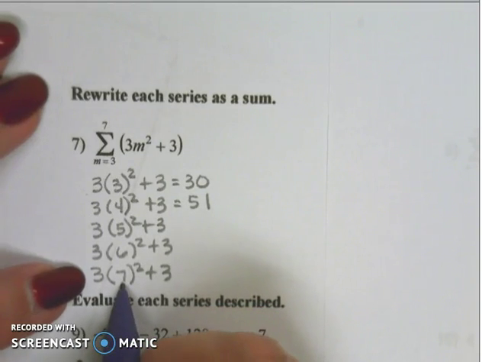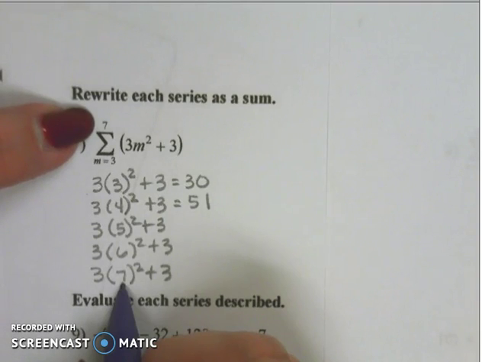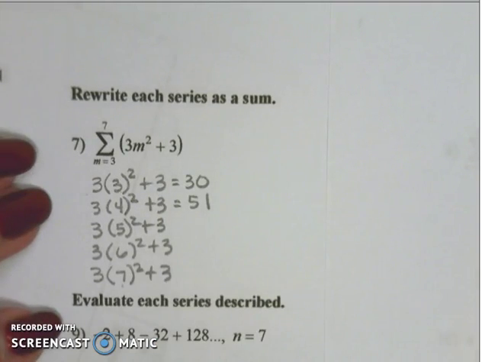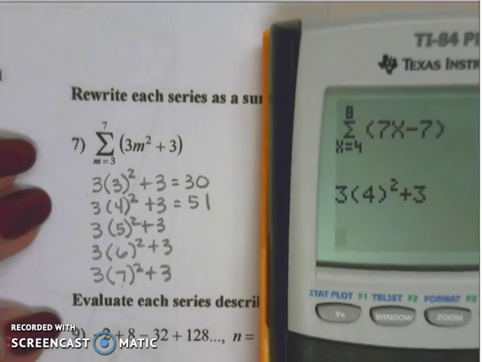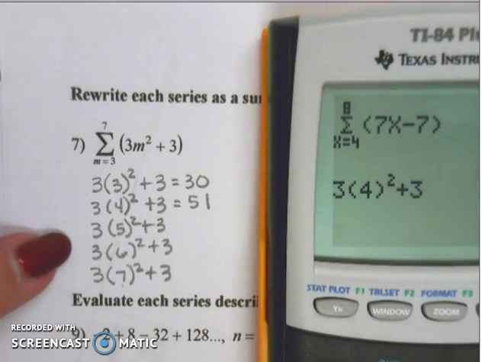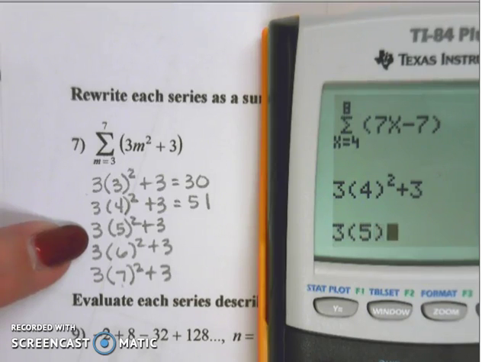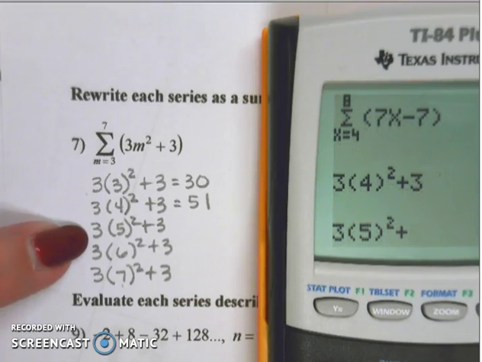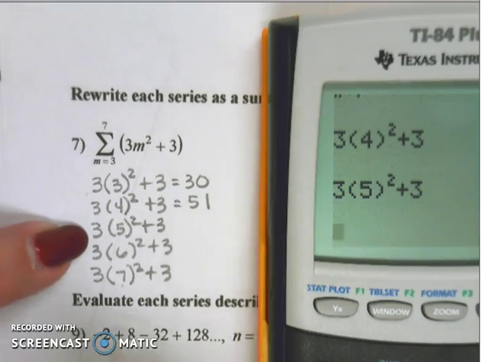Now again, I stop at 7 because it's the number here on top. I'm going to go ahead and put those in my calculator to determine what those answers are. This one I think is 78. Yep.